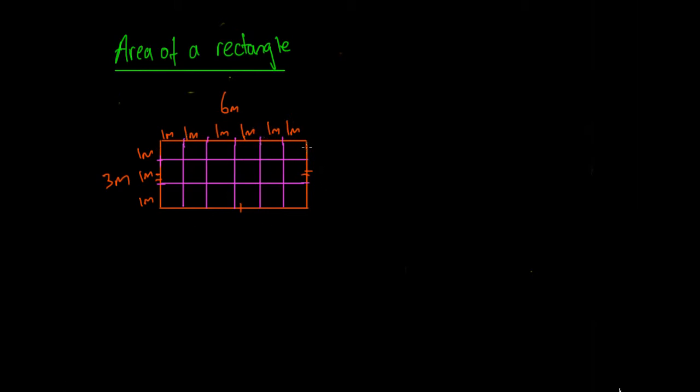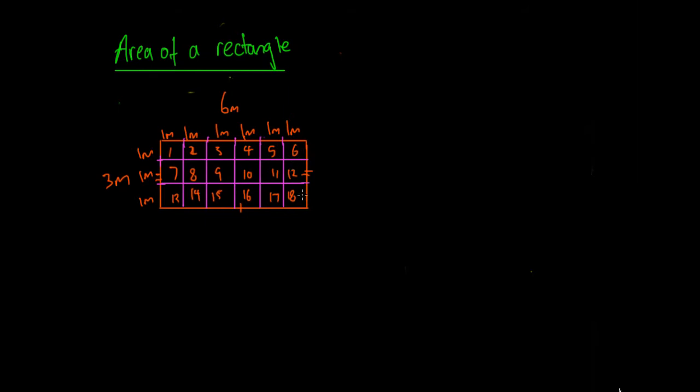So we can look at this space and say, well, there's a 1 meter square here, there's another one here, there's another one here, and so on, and we can just count them up. And we can work out that there are 18 little squares inside of our rectangle. And we've done that just by separating our rectangle into smaller parts.